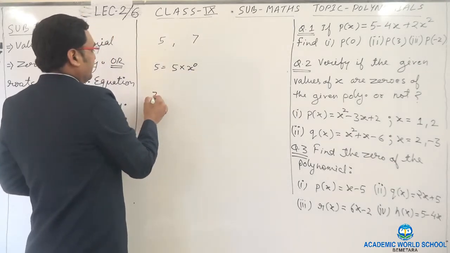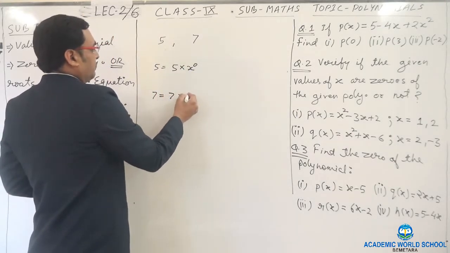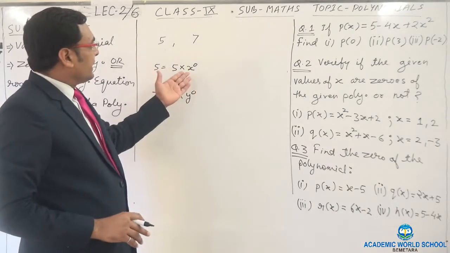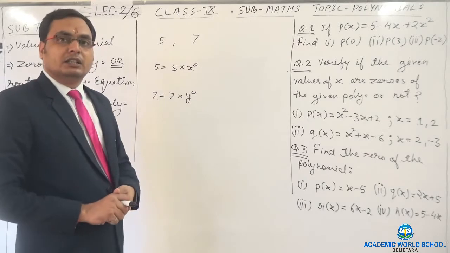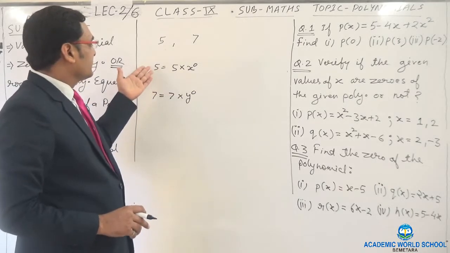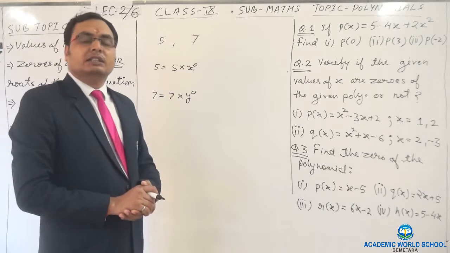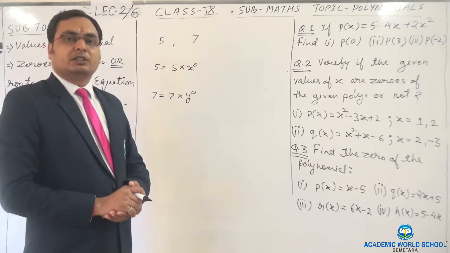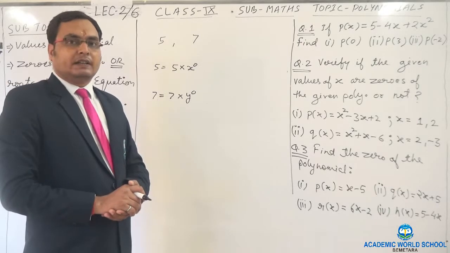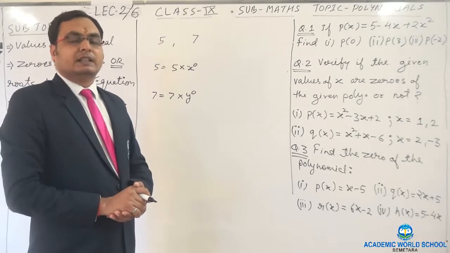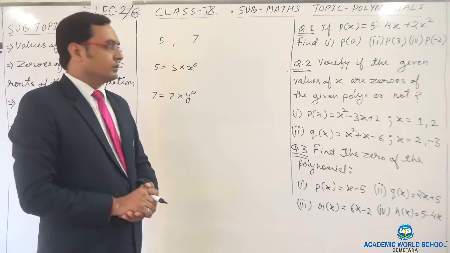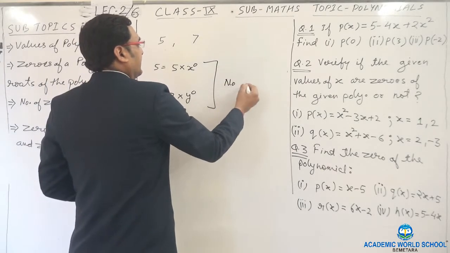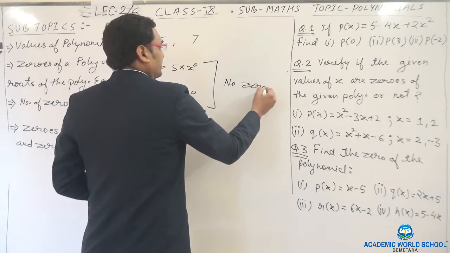Further 7 can be written as 7 into y to the power 0. Now if I put any value of x or y here, the value of these constant polynomials will never become equal to 0. So constant polynomials do not have any zeros. Their value never becomes equal to 0. So constant polynomials have no zeros.